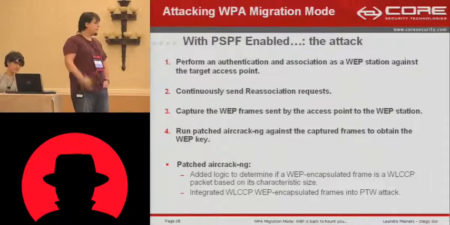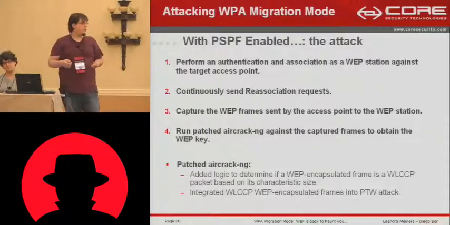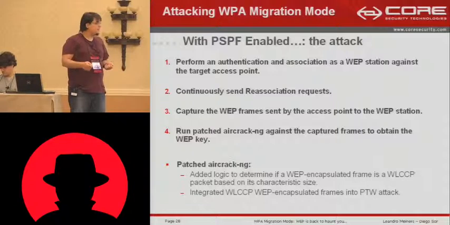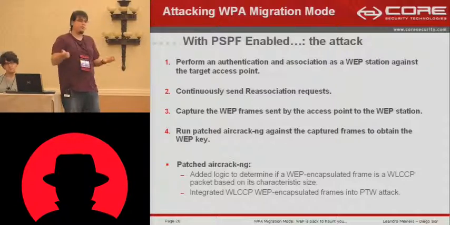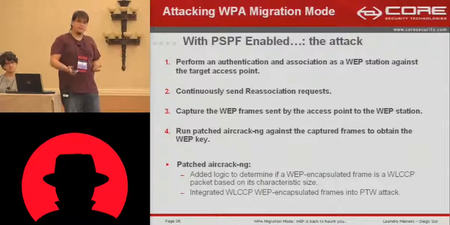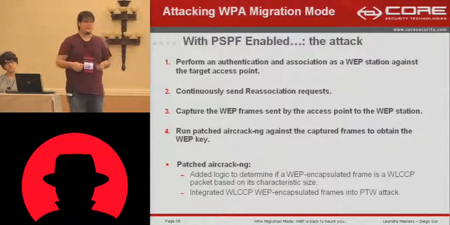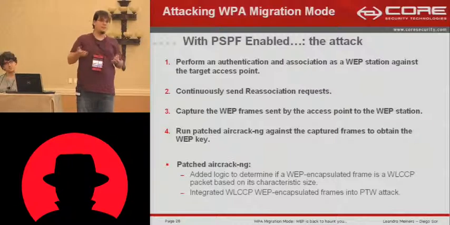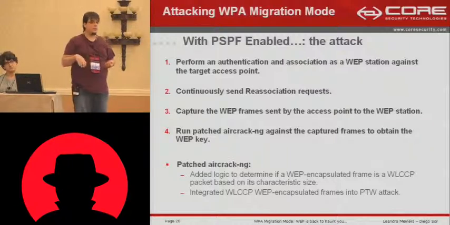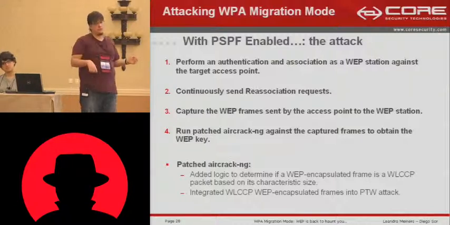We added to Aircrack the logic to find WLCCP packets based on their size, since, being WEP encapsulated, one of the few parameters we have is their size. We also added the possibility of doing the cryptanalysis on these packets. As I said, the first bytes of these packets are fixed, so we know them beforehand, and we added this information to Aircrack so the cryptanalysis could succeed.